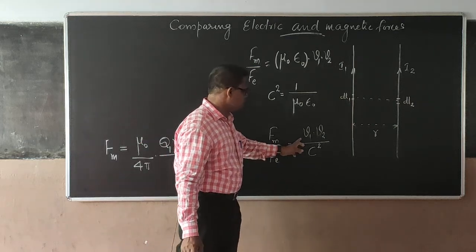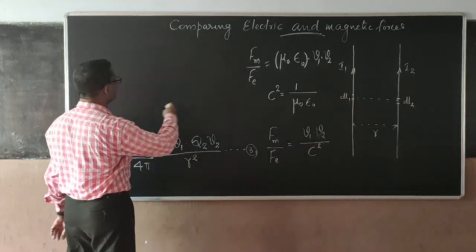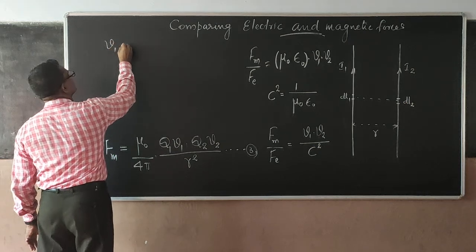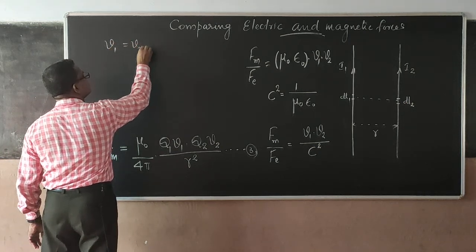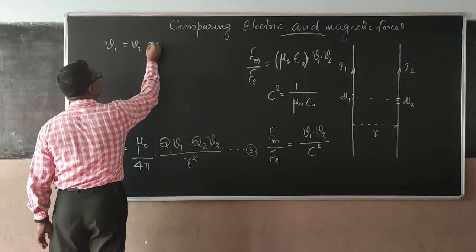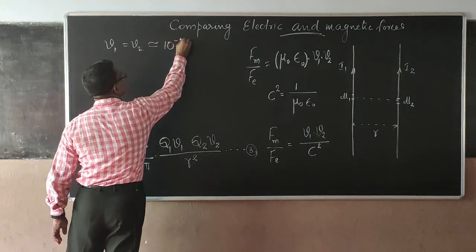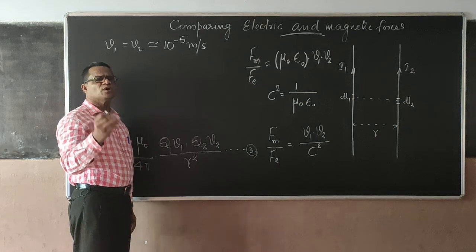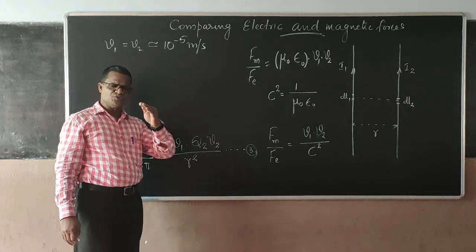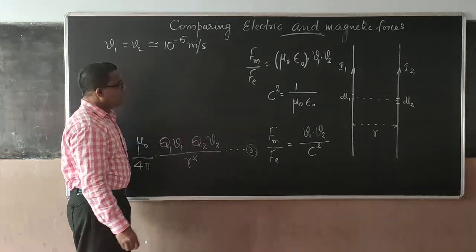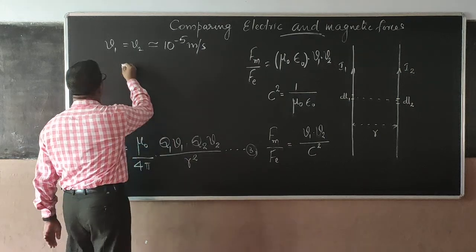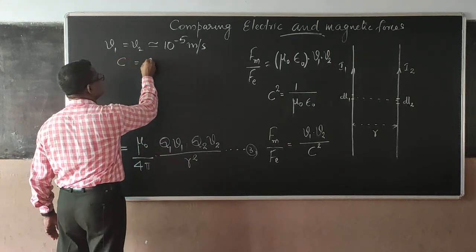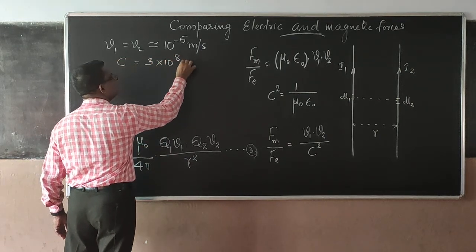The drift velocities V1 and V2 for the conductors are almost equal to 10 raised to minus 5 meter per second, approximately, such a small speed. And the speed of light, you all know, is 3 into 10 to the power 8 meter per second.